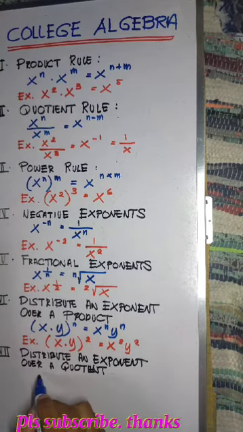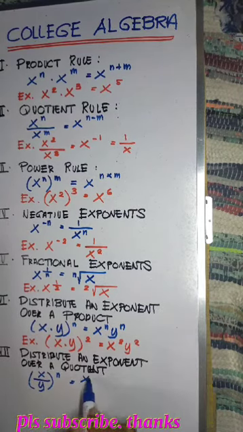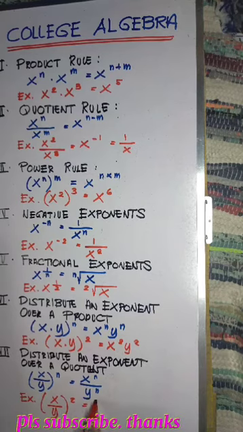The formula will be (x over y) raised to n will become x^n over y^n. For example, we have (x over y) squared, that will become x squared over y squared.